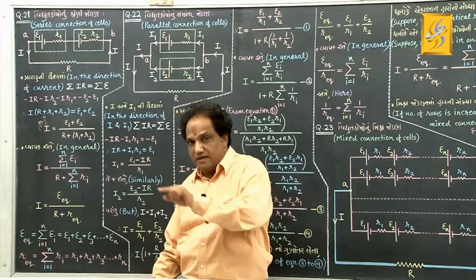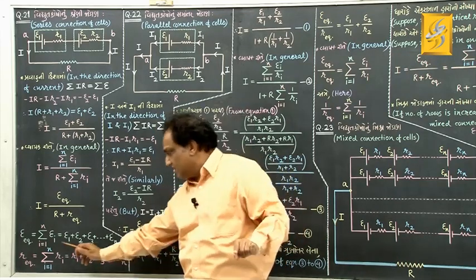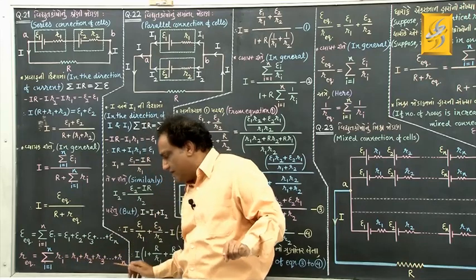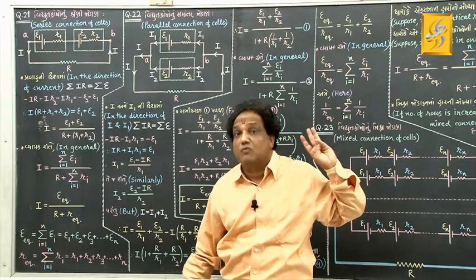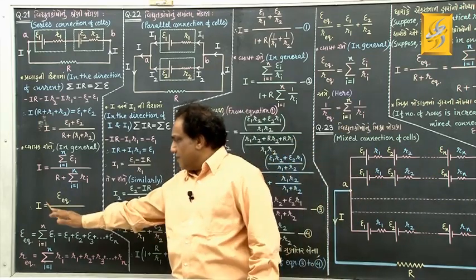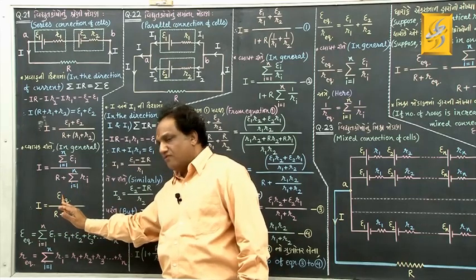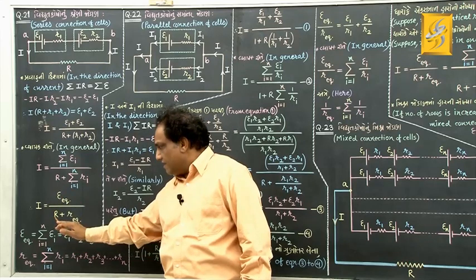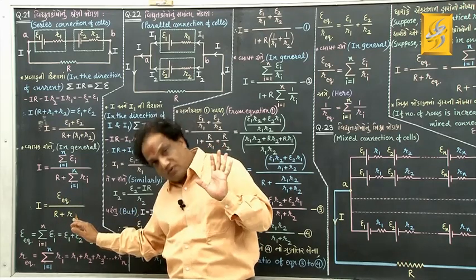In a short form we write this way, but in a long form we can write small r1 plus small r2 plus small r3 plus ... plus small rn, correct. Fine. Remember this general formula: I is equal to effective or equivalent EMF divided by external resistance plus equivalent internal resistance, okay. Fine.